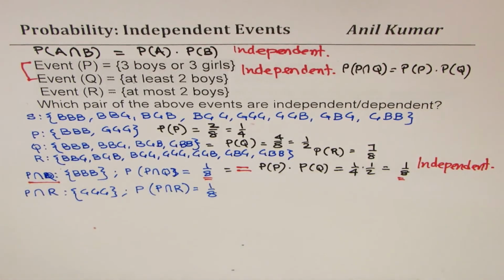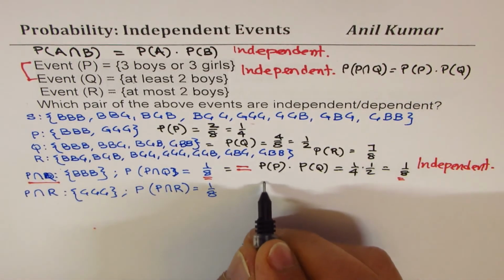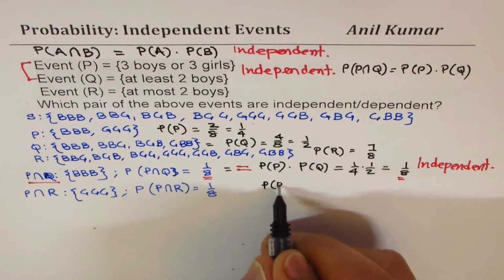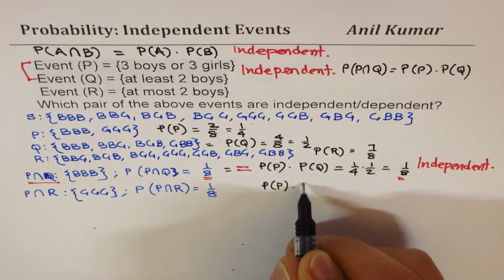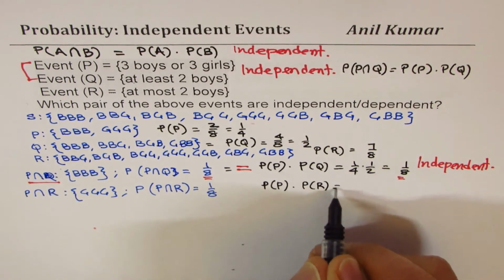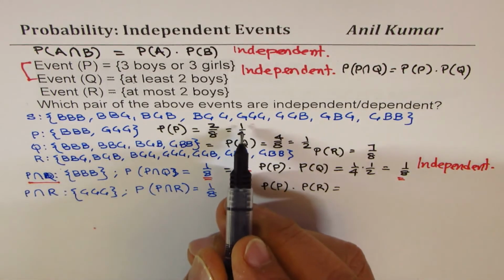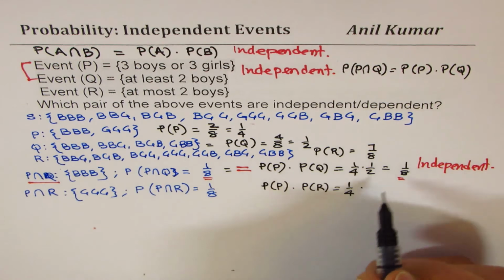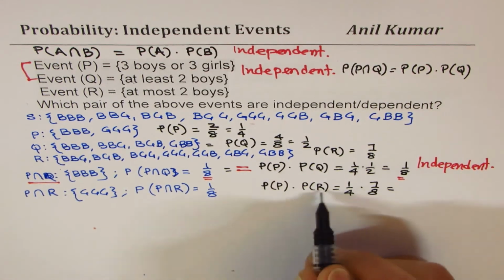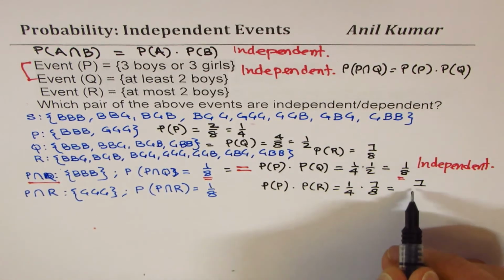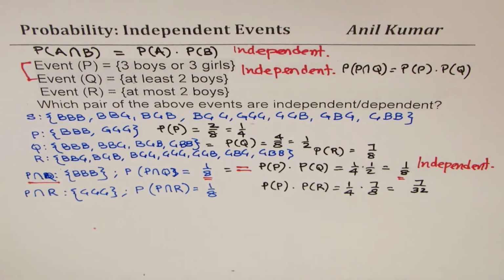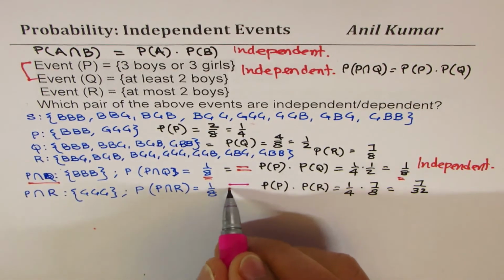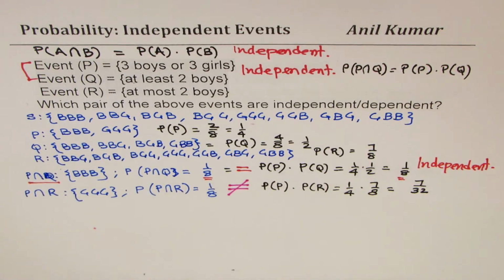Now let us check the product of the probabilities of P and R. The probability of P is 1 over 4 and that of R is 7 out of 8. When you multiply, you get 7 over 32. And you can clearly see that these two probabilities are not equal, right?